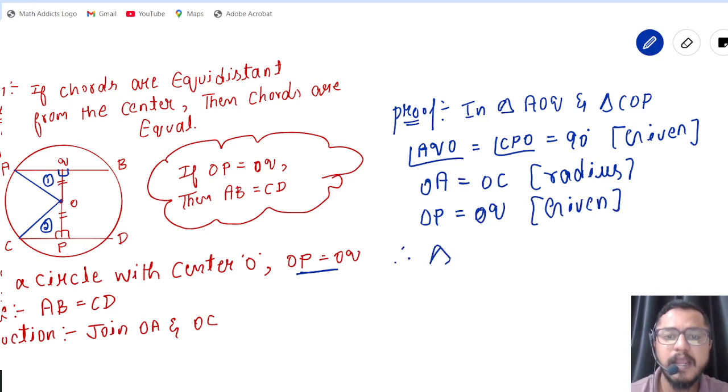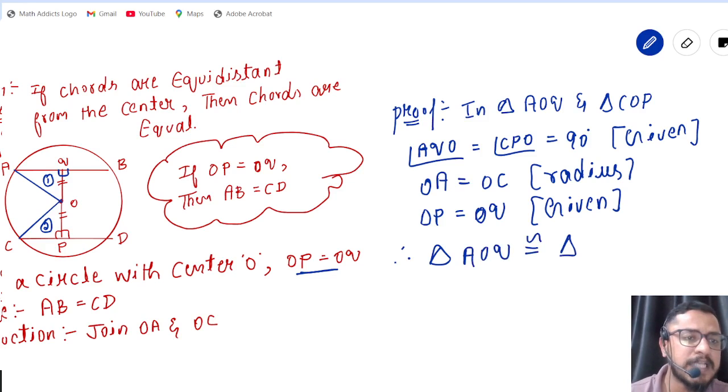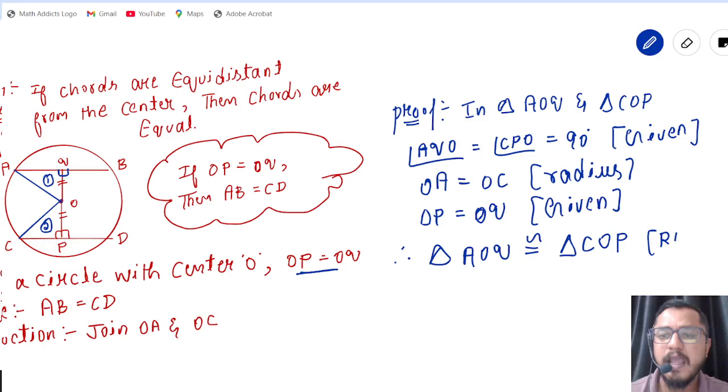Therefore triangle AOQ is congruent to triangle COP. Just match and write: for A, C is equal; for O, O; left out is P. AOQ is congruent to triangle COP by RHS criteria. Understood?